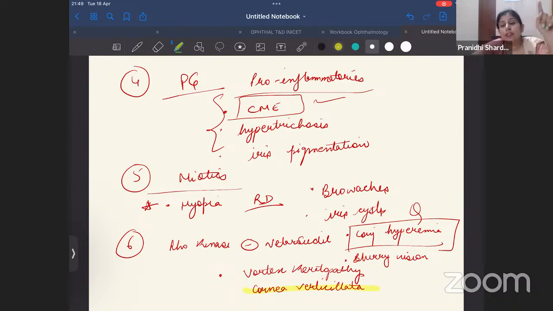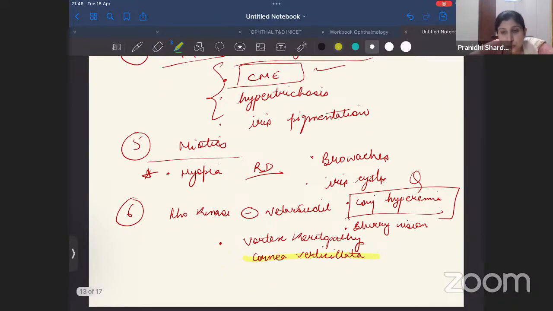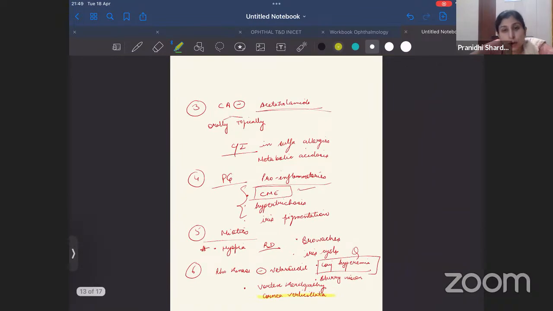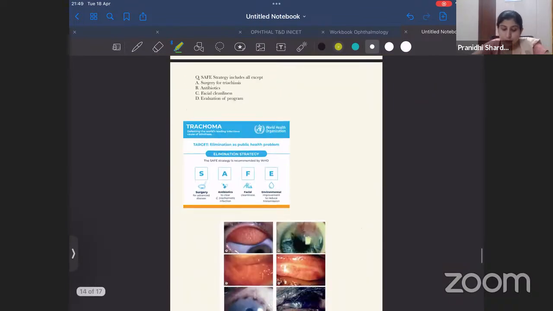We always read it as a side effect of hydroxychloroquine and chloroquine, but it has been seen in a few patients on rho kinase inhibitors. Mainly you have to remember that it is a part of hydroxychloroquine, but it can be seen with netarsudil. So these are some of the side effects of the anti-glaucoma drugs which you must remember.